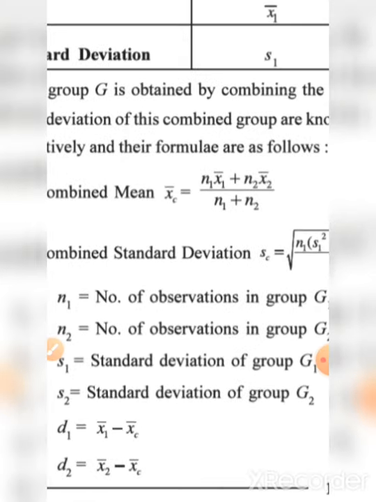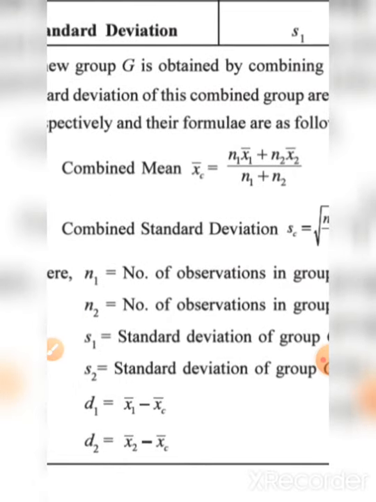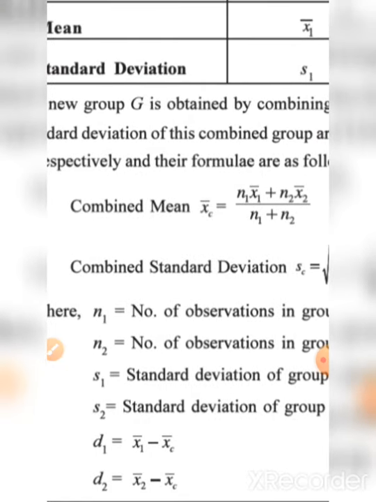d1 is the mean of the first group minus your combined mean. d2 is the mean of the second group minus your combined mean. Combined mean you know how to find out now. See above, the formula has already been given.